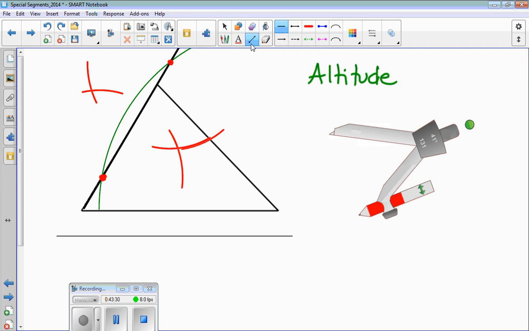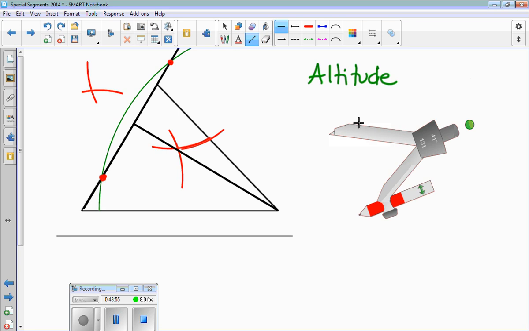So the altitude goes from here. I don't have to go all the way. I can. But this should be a right angle. Okay, I made an altitude. Good. So now you're going to go ahead and bisect this segment.